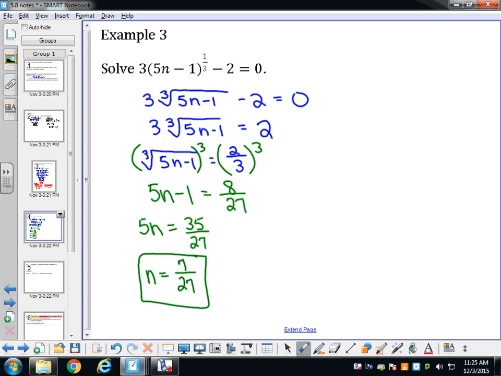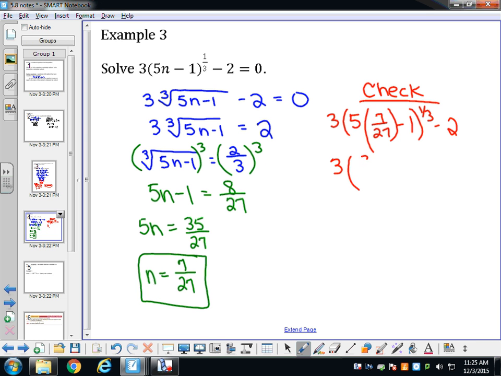Now, I must check my answers. So 3 times (5 times 7/27 minus 1) to the 1/3, minus 2. So I get 3 times (35/27 minus 1) to the 1/3, minus 2.